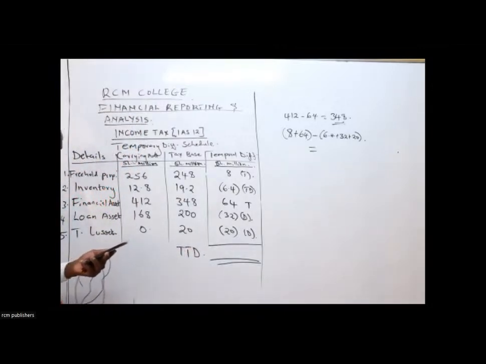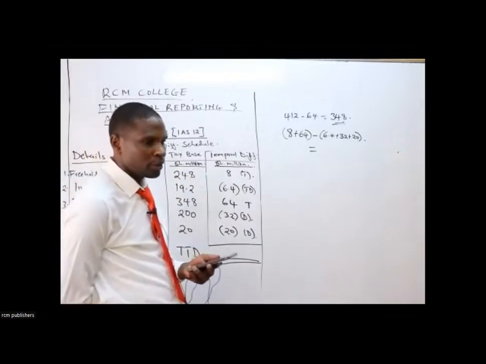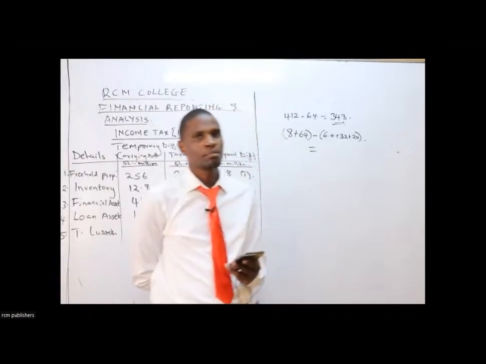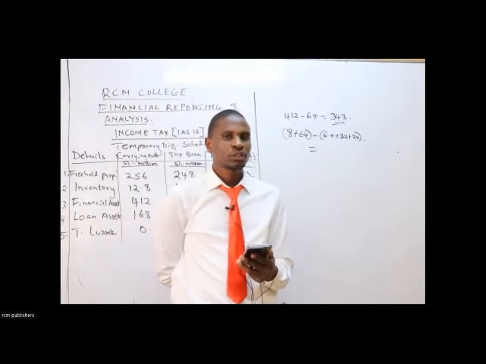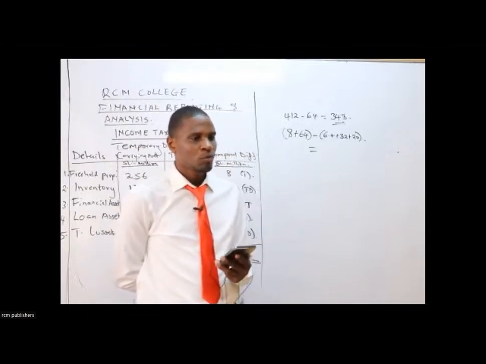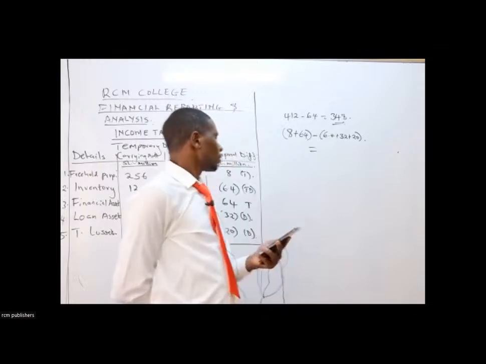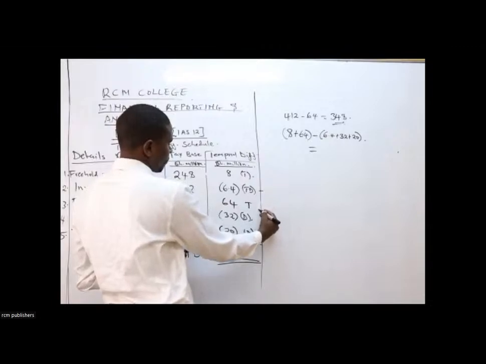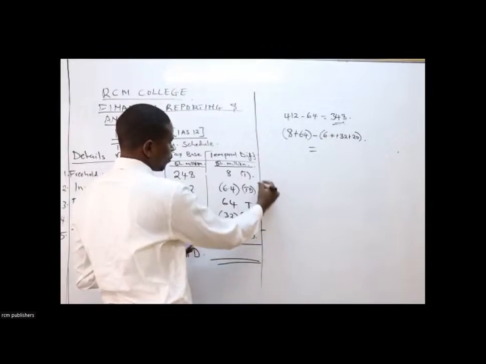I don't know where we are getting it wrong. I'm getting 13.6 million. Can you people confirm? I'm getting a total temporal difference of 13.6 million. Confirm, confirm.